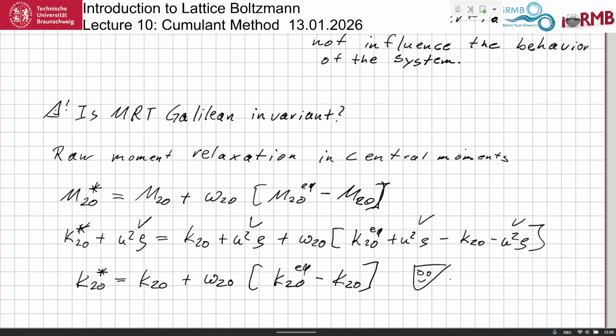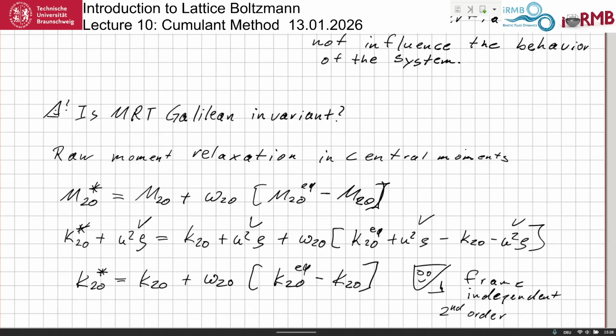Apparently these guys who invented this were not completely stupid, because this moment is indeed frame independent. So it does not matter whether we do this in a centered frame or in any other frame, we get the same result. The same is true for all the second order moments, which I'll not check.